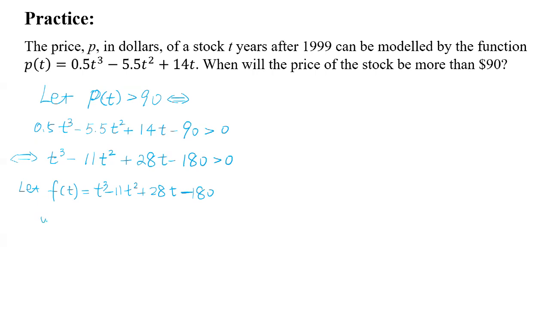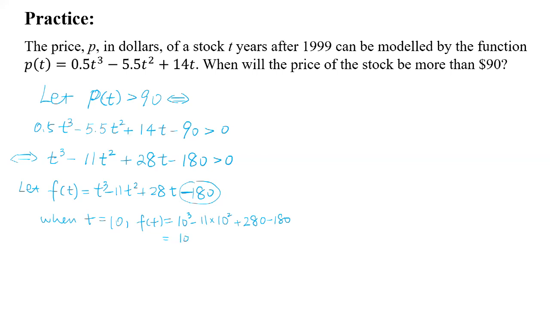So let's check which number you should test. You should test all the factors of minus 180, right? So if you put a 1 there, that's too small, right? You can check all the way from 1 to 10. So let's check 10. When t is 10, f(t) is 10 to the third minus 11 times 10 to the power of 2 plus 280 minus 190, right?